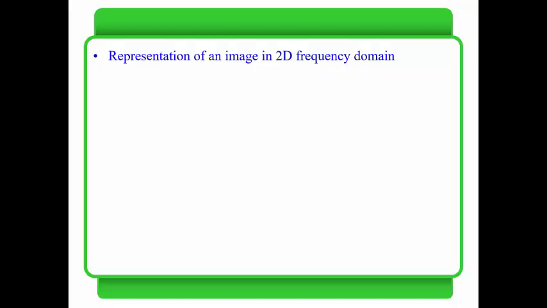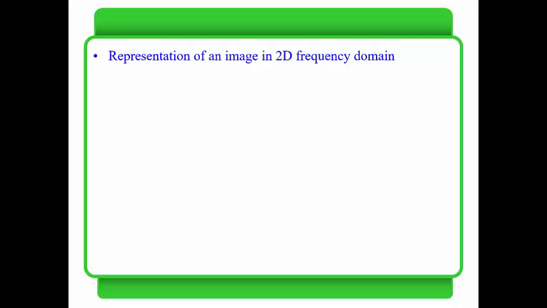2D means that I have two dimensions here. In the normal Fourier transform that you are used to, I have a function f of t against time, so I am dealing with one dimension, which is time, and I have a corresponding frequency domain transformation.